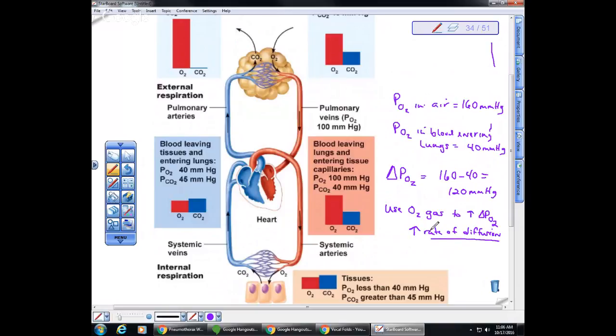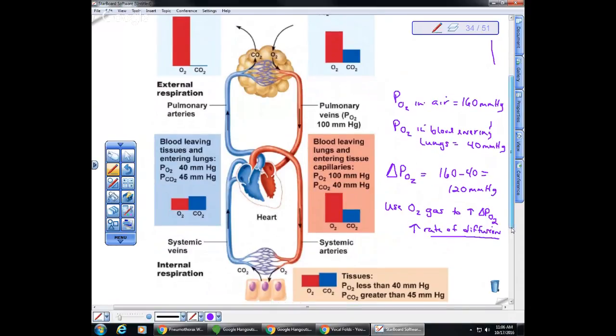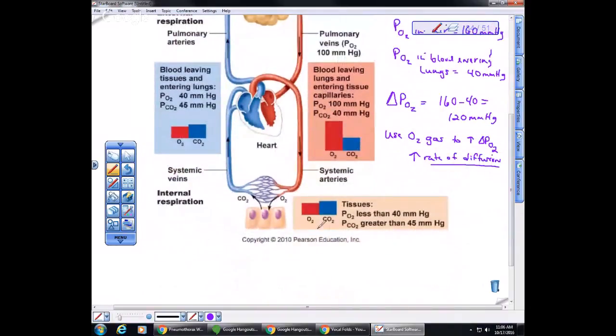Okay. And likewise, we want blood entering the tissues to be at a higher oxygen concentration than the tissues themselves, right? So here you can see blood entering the capillaries is at 100 millimeters of mercury, right? When it gets to the tissues, oxygen is at 40. And so the difference between the blood and the tissues is actually 60 millimeters of mercury, right?